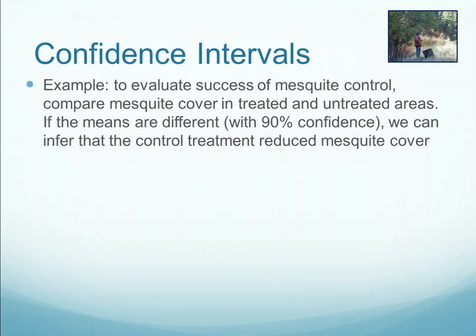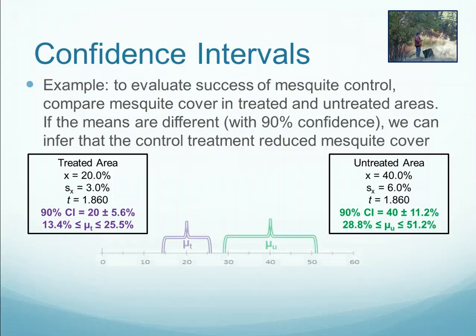If the means are different with 90% confidence, we would infer then that the control treatment reduced mesquite cover. So here are the results of these sampling efforts in a treated and an untreated area. The mean value in the treated area is 20% versus 40% in the untreated area.